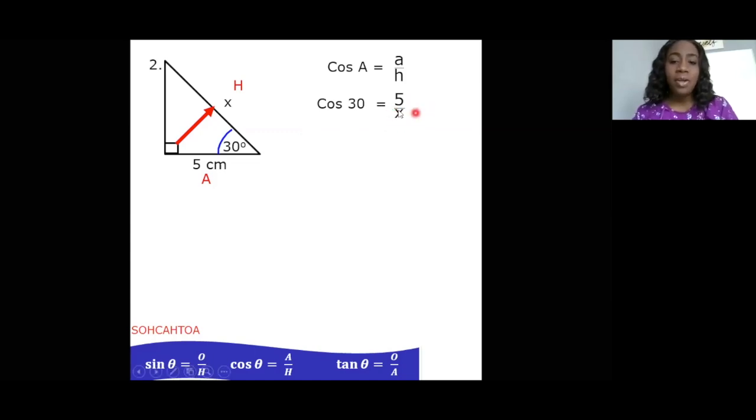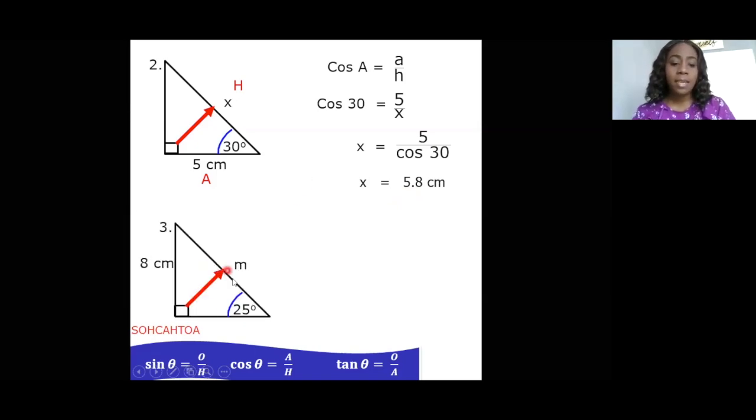When your unknown is at the bottom, you let them switch places. Let's swap. Then I divide. How do you enter this in your calculator? You press 5, those of you who have a big screen calculator, and then you press cosine of 5 divided by cosine 30, and you should get 5.8.